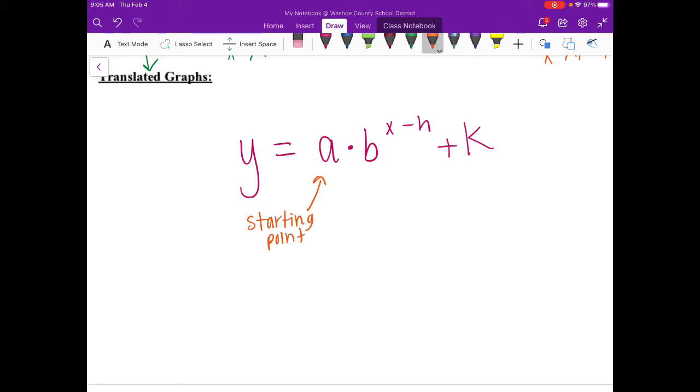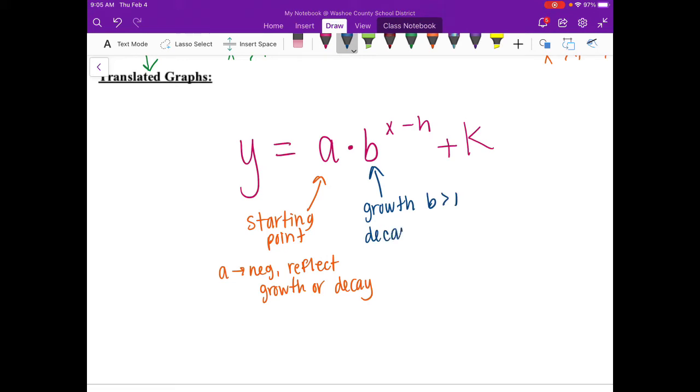Okay. If a is negative, then it's going to reflect your growth or decay. Then we have B. B tells you whether you have growth or decay. So remember, growth if B is greater than 1, and we have decay if we're between 0 and 1.